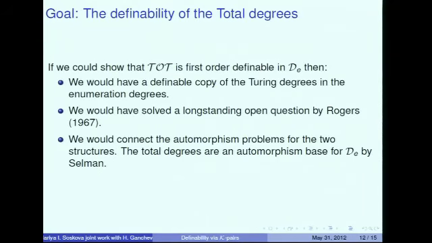And if we could prove that they are definable in the enumeration degrees, then we would have a definable automorphism base, which means that any non-trivial automorphism of the structure of the enumeration degrees would induce a non-trivial automorphism of the Turing degrees. And this would connect the automorphism problems for the two structures, which I think would give a different way of attacking the problem about automorphisms in the Turing degrees.